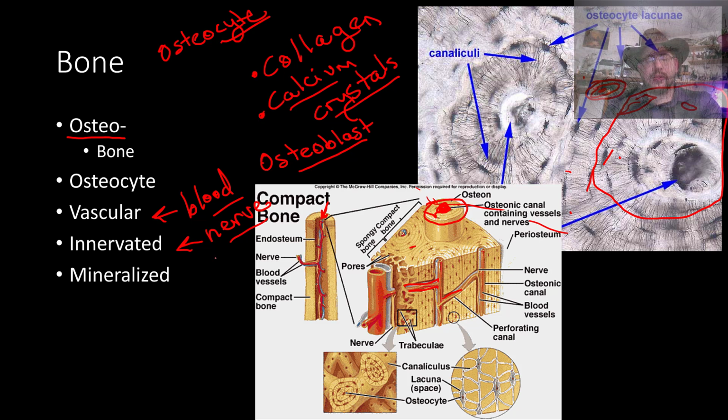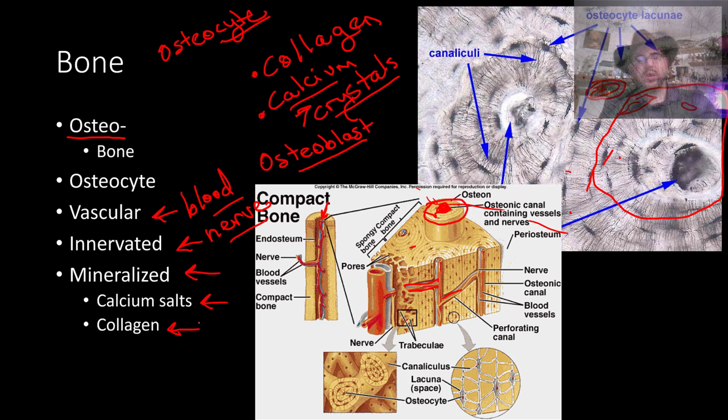So we have mineralized from those calcium crystals. So those calcium salts, and then collagen. The salts provide rigidity, and the collagen provides flexibility. Right?